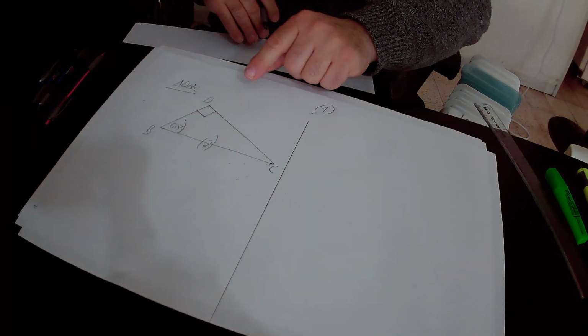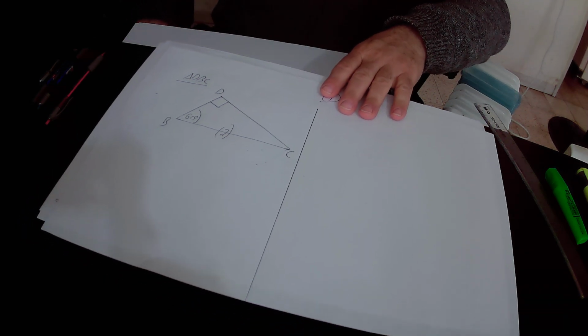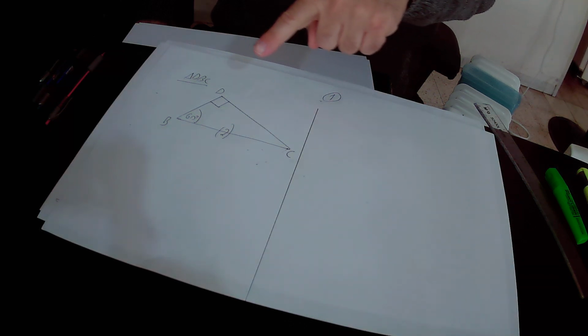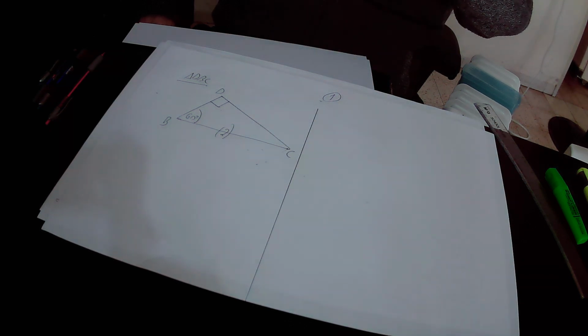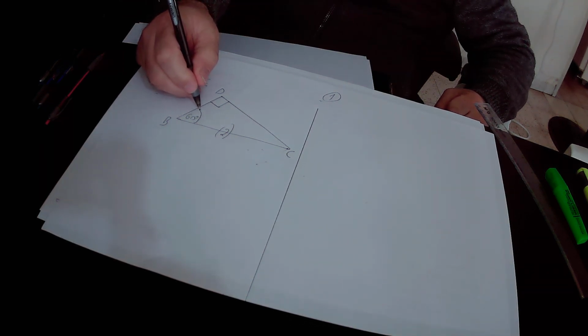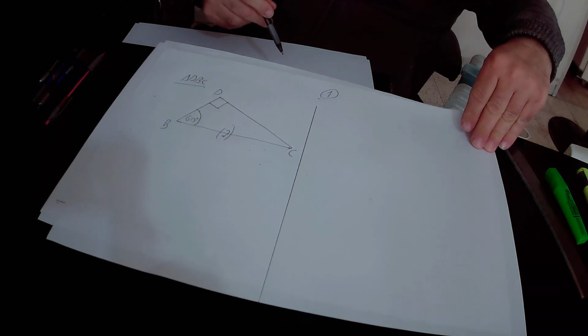So actually, this is triangle DBC that I copied from the original drawing. Angle DBC equals 60 degrees, and side BC equals 2 units, according to what is given in the question. In this right triangle DBC, cosine 60 degrees equals DB over BC. So I write it down.